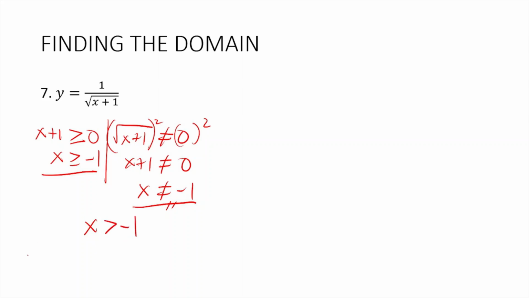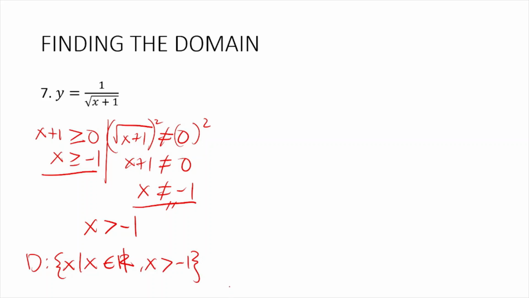So this is now the domain. We write: domain is the set of all x values such that x is a real number and x must be greater than -1, right?